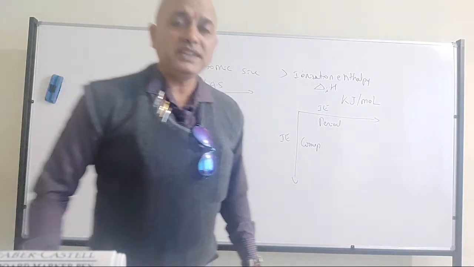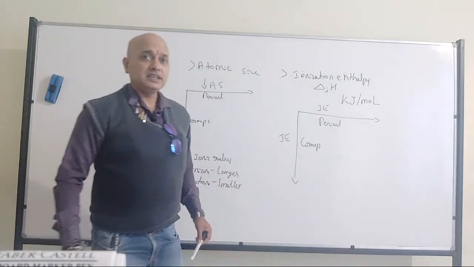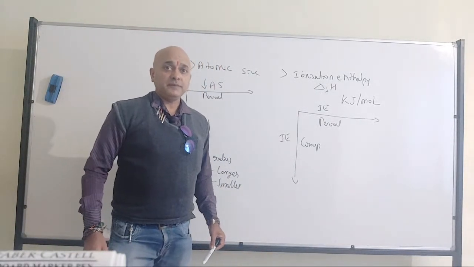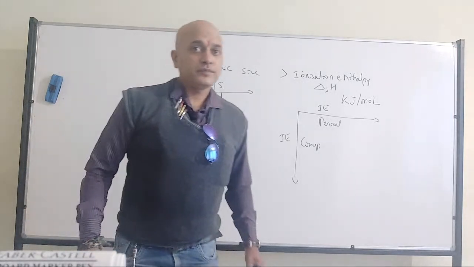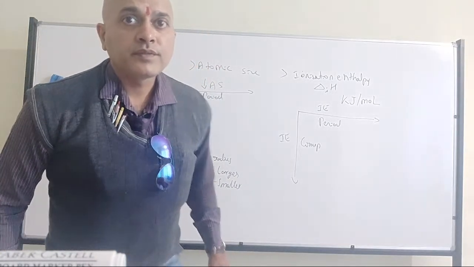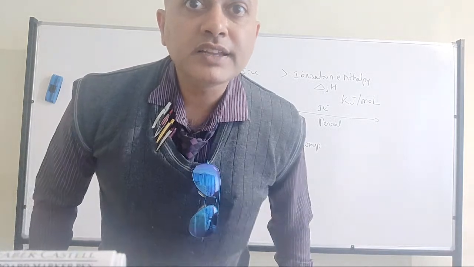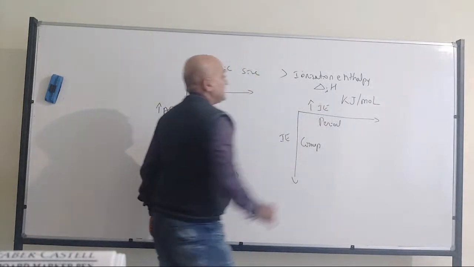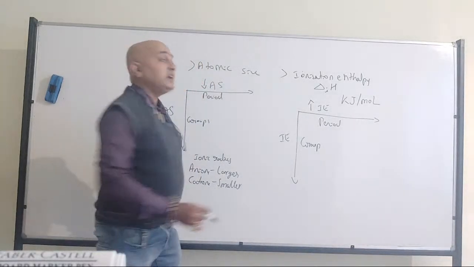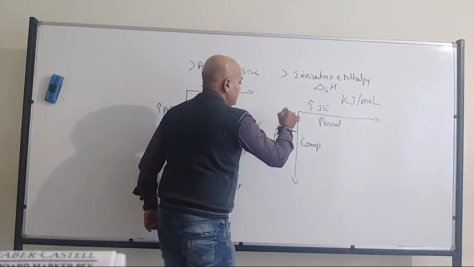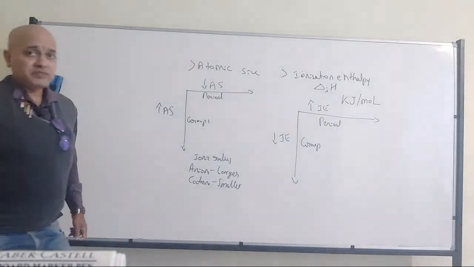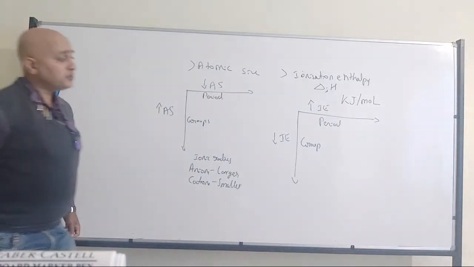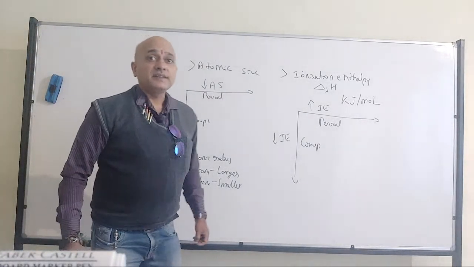First we will go with the period. Across the period, what will happen to the ionization enthalpy? Ionization enthalpy increases across the period. Yes, all of you are right. It's going to increase. Naturally, down the group it's going to decrease.